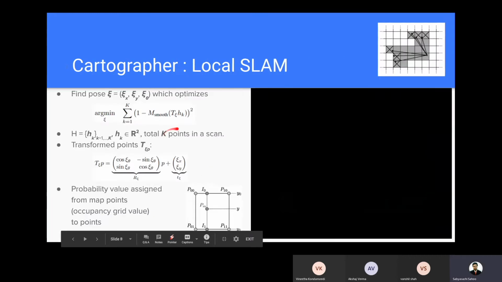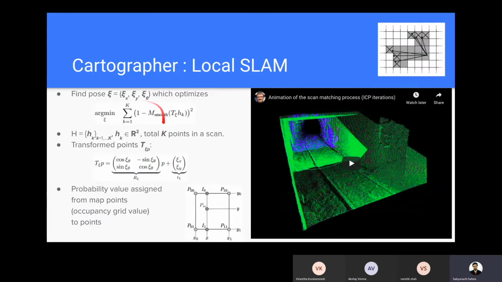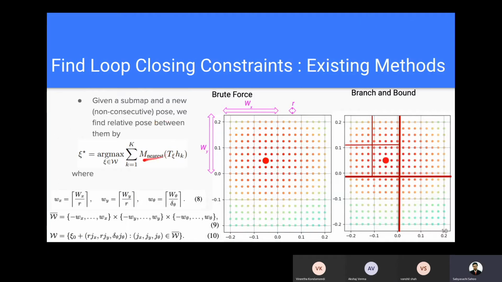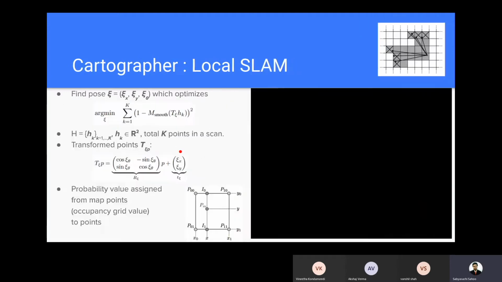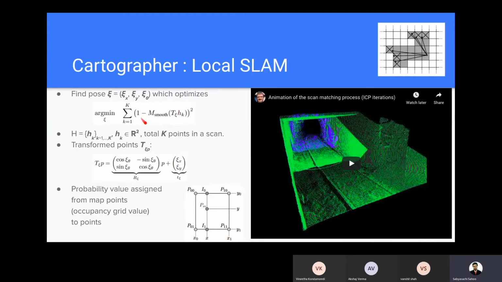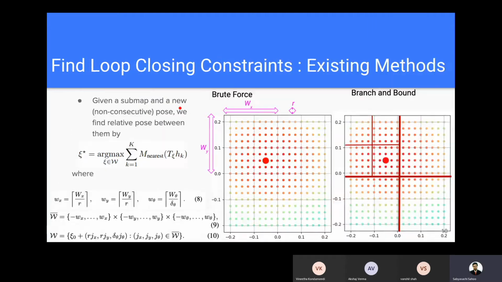So the first thing we do is convert our minimization problem into a maximization problem. Instead of solving for 1 minus map value, we directly solve for the map value and maximize that.